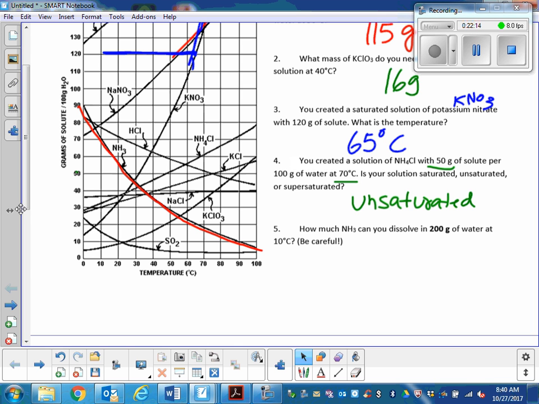Well, let's look at this. Salt is a solid, KCl is a solid, ammonium chloride is a solid. Ammonia is a gas. Does it make sense? So what can you say about the solubility of gases with increase in temperature? It's going to decrease. Why does the solubility of gases decrease with increase in temperature?